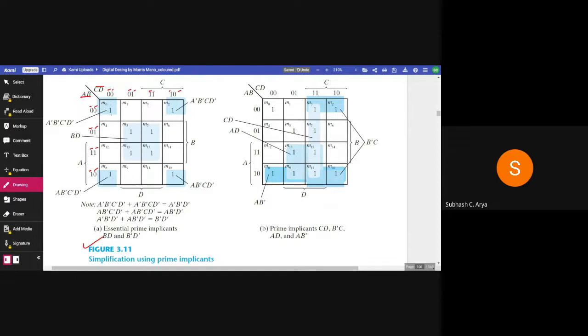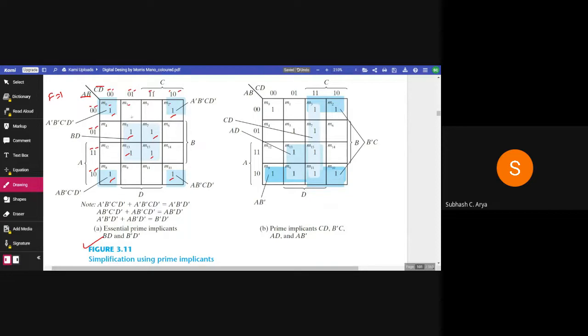The locations of these minterms are designated as M0, M1, M2, M3, M4, M5, M6, M7, M8, M9, M10, M11, M12, M13, M14, M15. This we have already covered. Now as per the statement of the problem, we fill up these minterms wherever f is equal to 1.